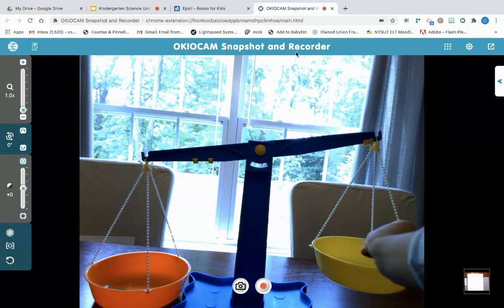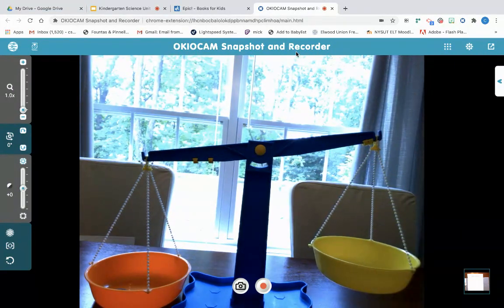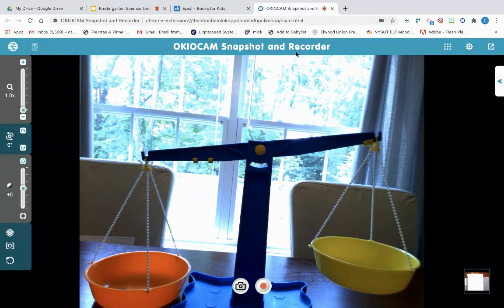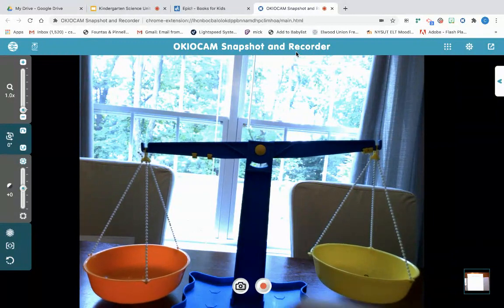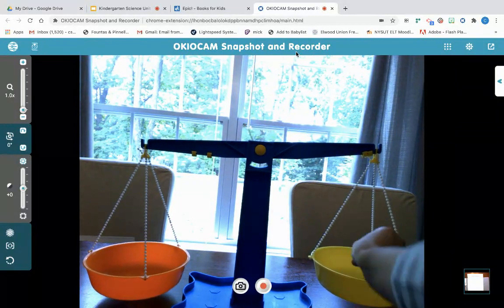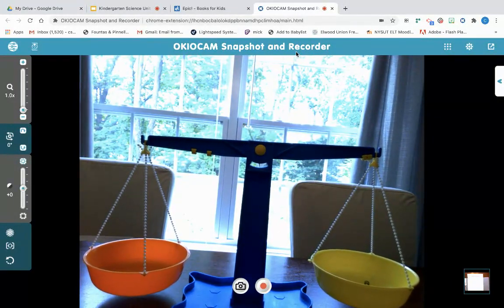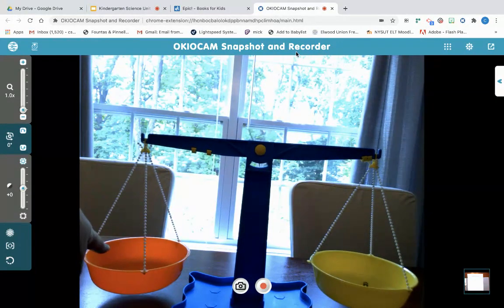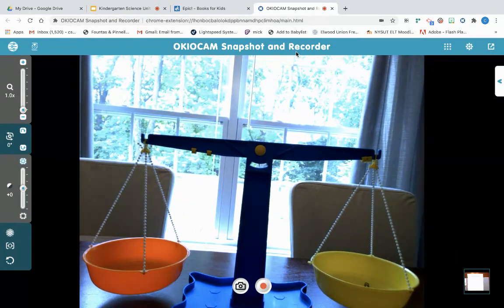Count with me as I put them in. 1, 2, 3, 4, 5, 6, 7, 8, 9. Do you see it start to move? 10. It's not quite balanced yet. Almost there. 11. It seems like the shell is the same weight as 11 paper clips.